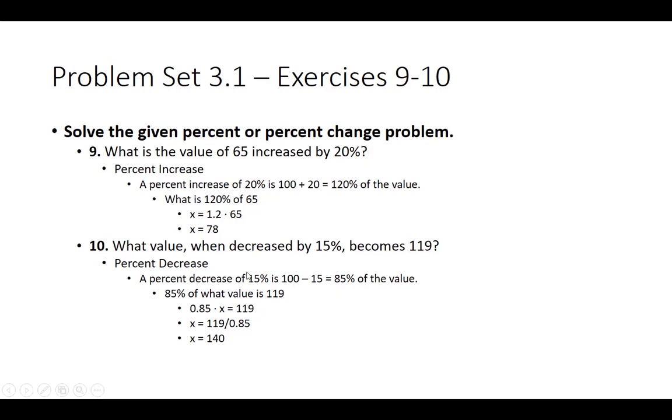So another way of asking the question in number 10 is 85% of what value is 119? This translates to 0.85 times x equals 119. We solve by dividing both sides by 0.85, and 119 divided by 0.85 gives us 140. So 140, when decreased by 15%, becomes 119.